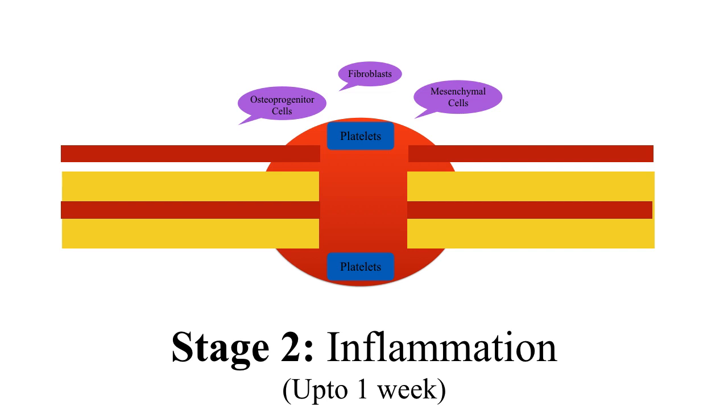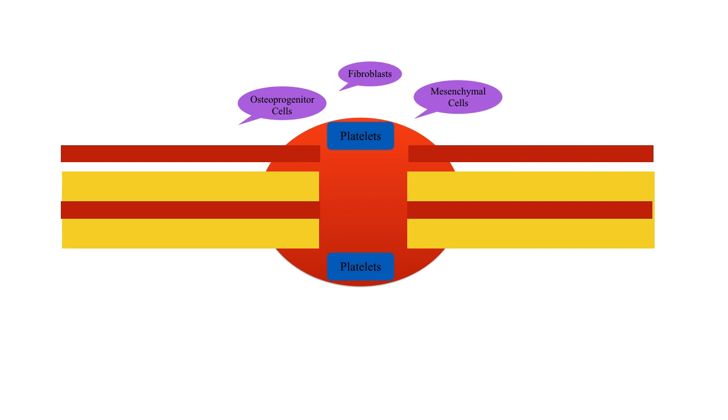So once the inflammatory cells get collected in the hematoma, these cells produce various lineages of tissues. For example, the mesenchymal cells produce cartilage, the fibroblasts produce fibrous tissue, and the osteoprogenitor cells produce immature bone or woven bone.